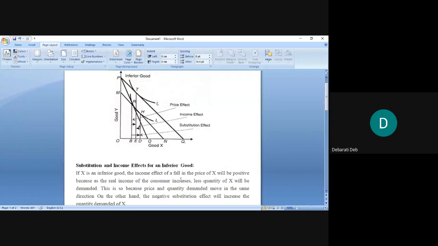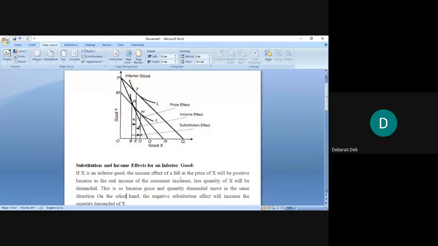So why is demand falling in this case? It is going against the law of demand. Why is this so? Because we are considering the case of an inferior good. Since the real income of the consumer increases, less quantity of x will be demanded.